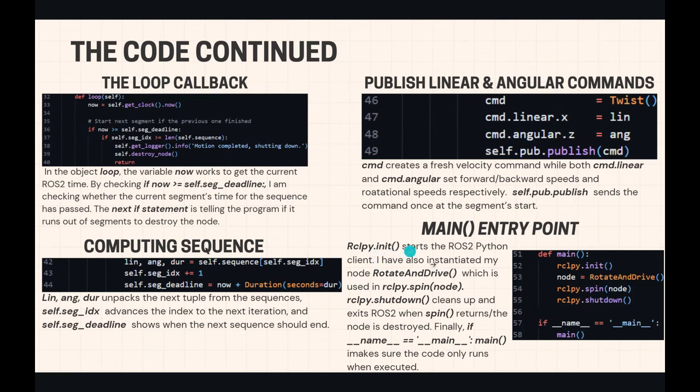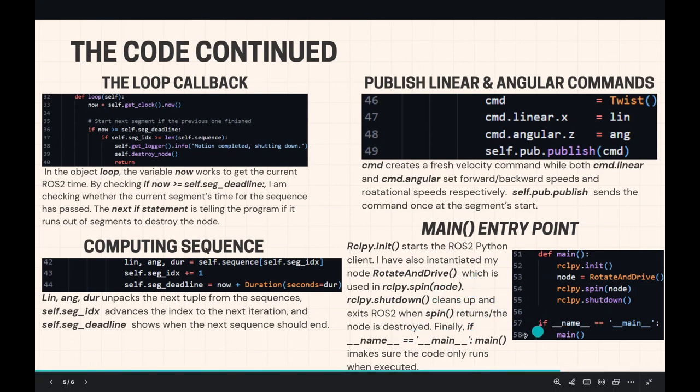So this allows ROS2 Python to start, which is probably the most important thing here. As well as I have instantiated the node, rotate and drive, and that's going to be used also in the spin node. So that cleans up and exits ROS when spin returns the destroyed node. So this is basically shutting down when I tell it that I'm stopping it. I'm just going to shut down ROS.